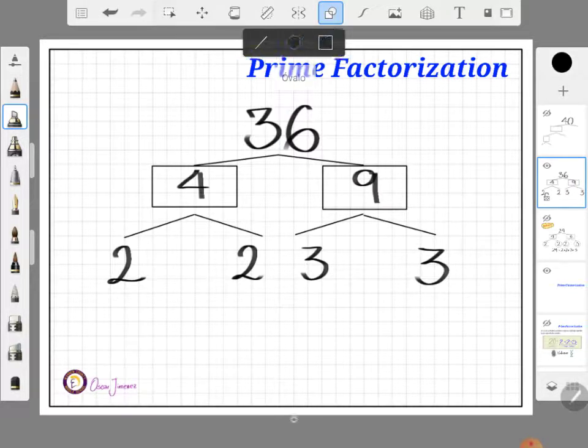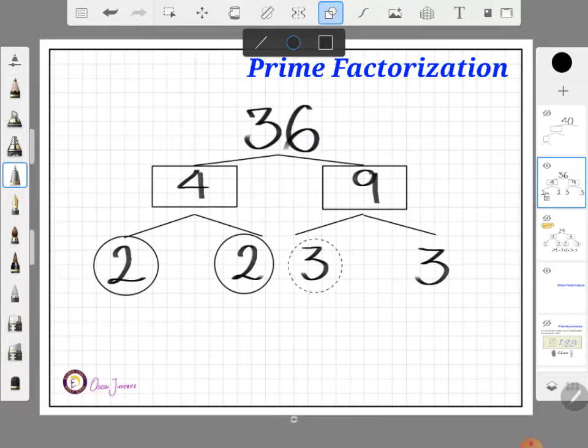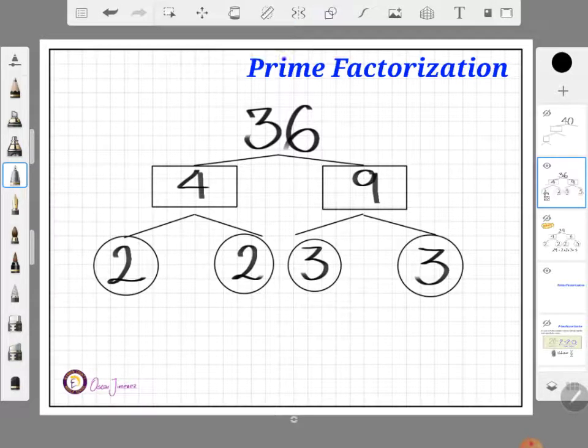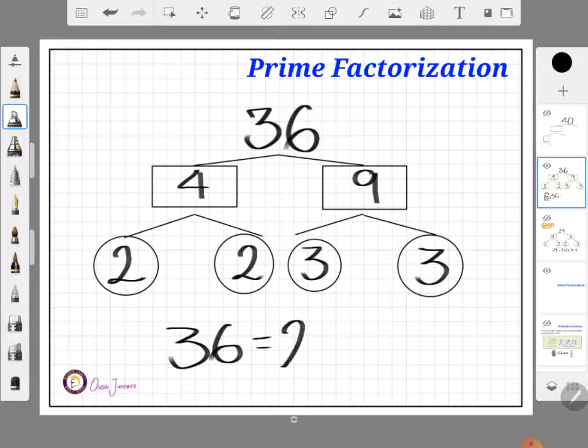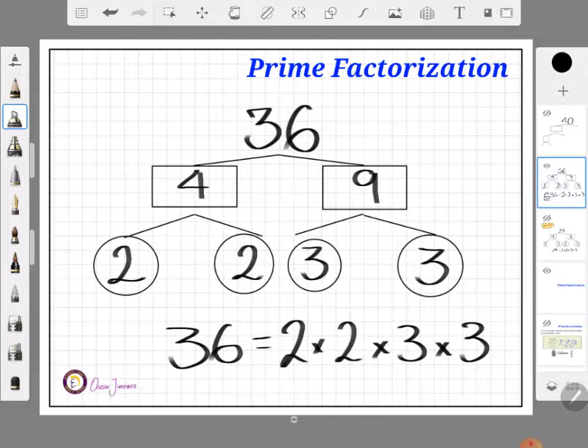So these numbers now are prime numbers. I'm going to circle them to represent that they are prime factors. So that means 36 has this unique prime factorization: 2 times 2 times 3 times 3. Okay?